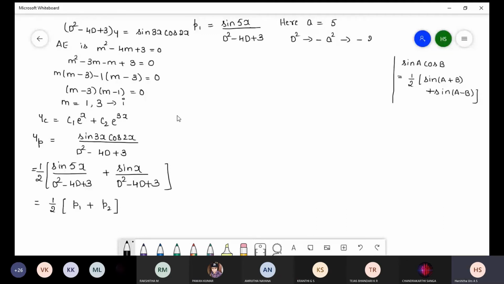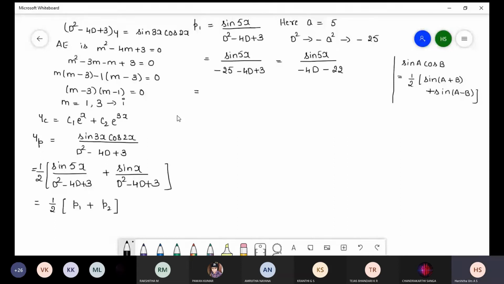So here I write sin 5x divided by minus 25 minus 4D plus 3. Minus 25 plus 3 is there, so we can write minus 22.